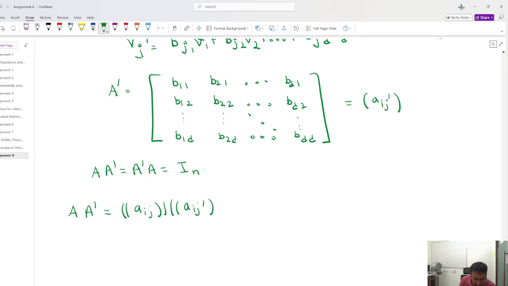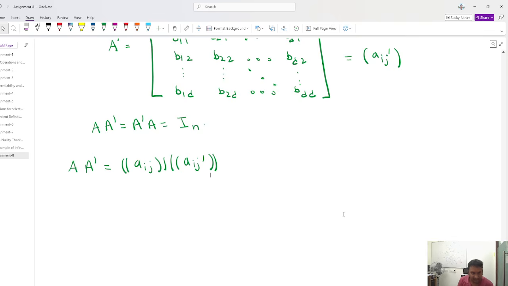We should not skip anything here. So this will be the summation, k from 1 to what? 1 to D, AIK AKJ prime. This will be the ijth entry of AA prime.